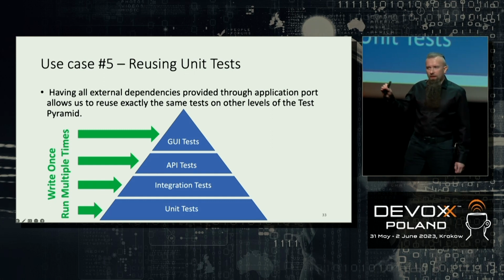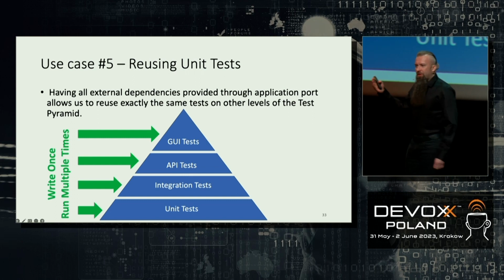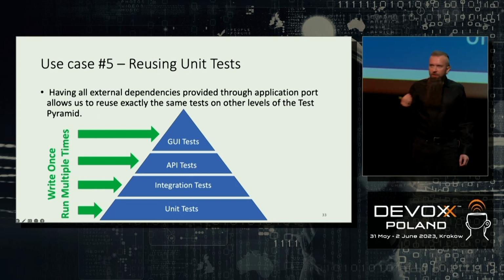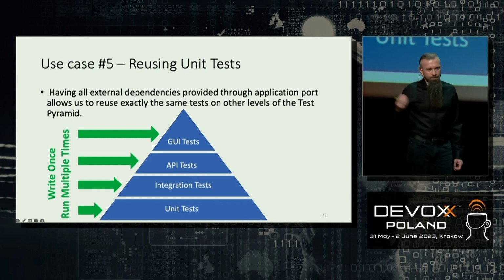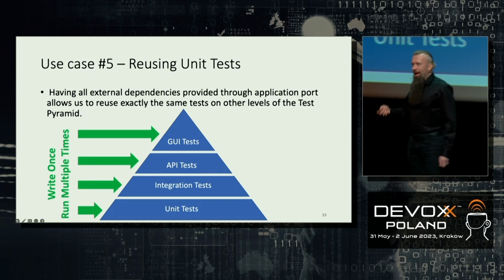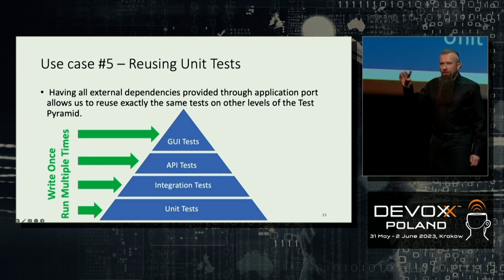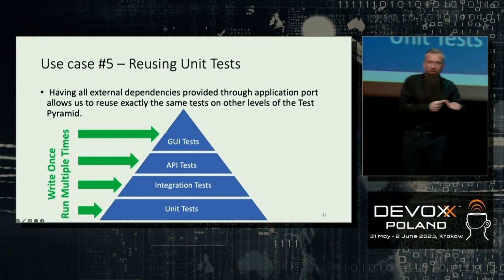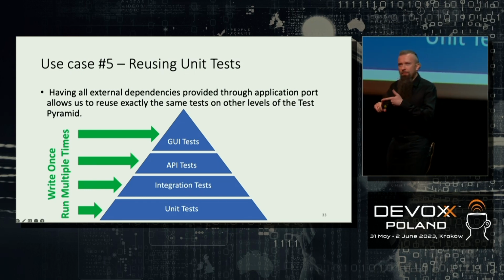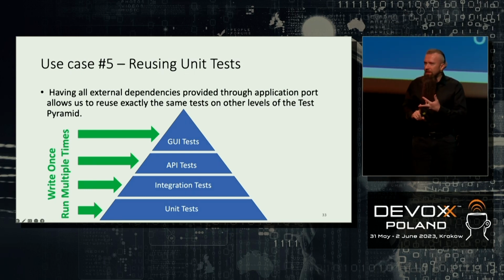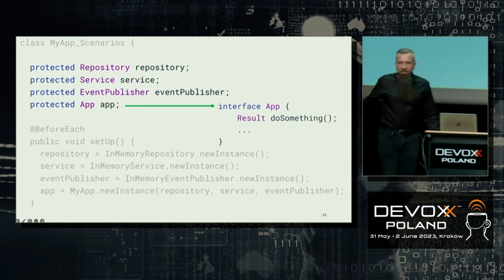They are fast. If we use a domain-specific language, we can show them to less technical people and discuss the behaviors. And that's all. On other levels, such as integration tests, and even from the REST API or the graphical user interface, we can run exactly the same tests. How is it done? Let's see an example.